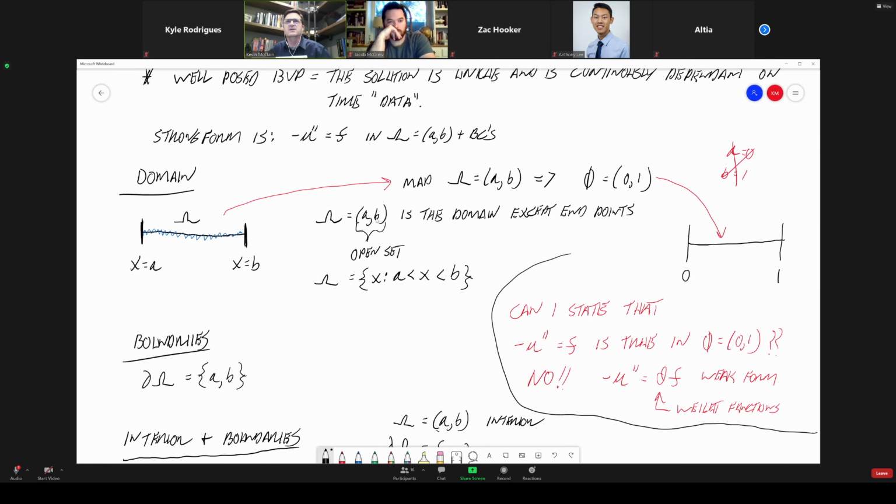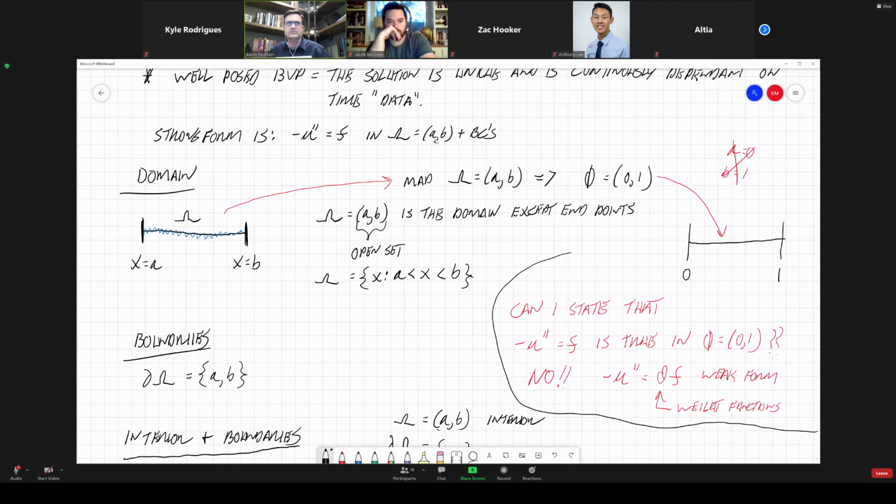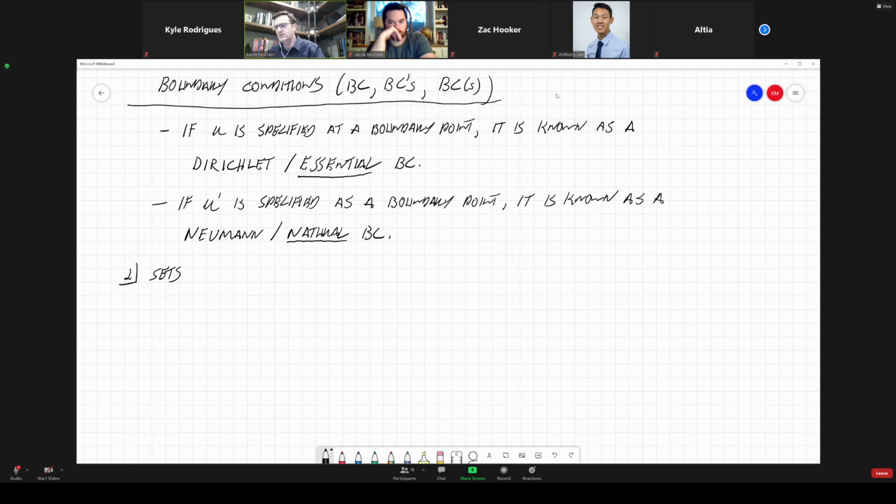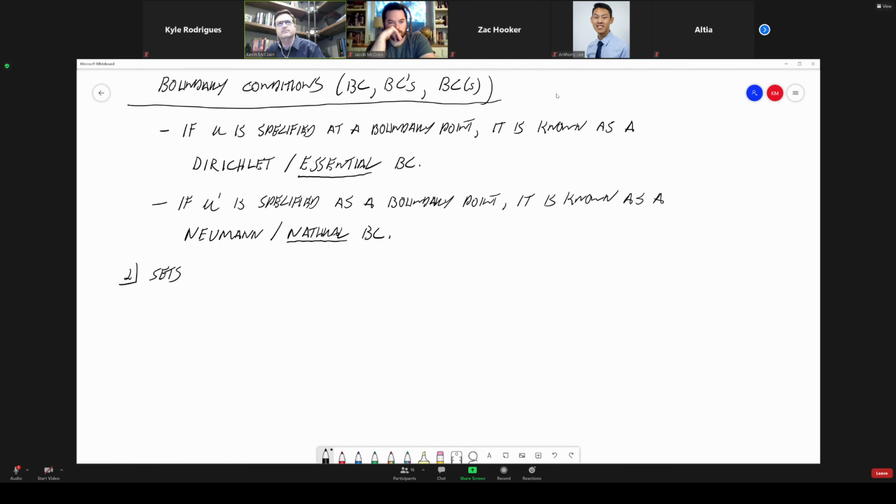It's right here, the open set, A to B. A set is a collection of elements or objects.